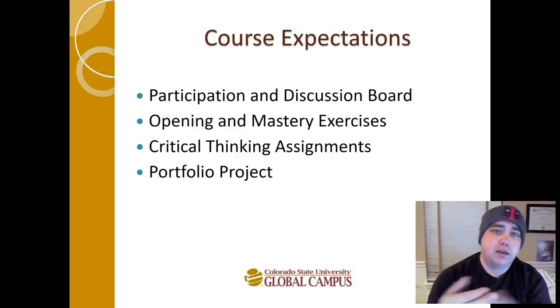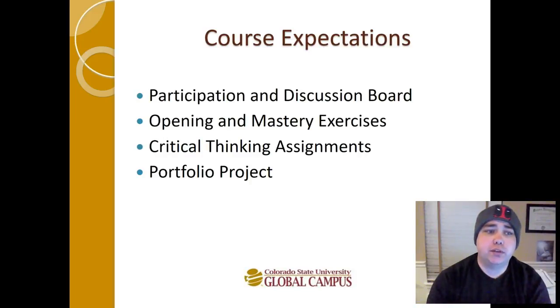Now with that said, a couple things you want to take into consideration when you start looking at your participation in your discussion boards, any kind of exercises, your portfolio projects, thinking assignments, any of that kind of stuff, is you've got to make sure that the numbers are not just there to give you the right answer.